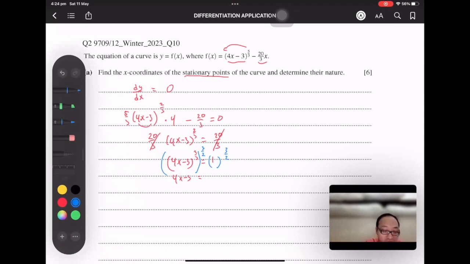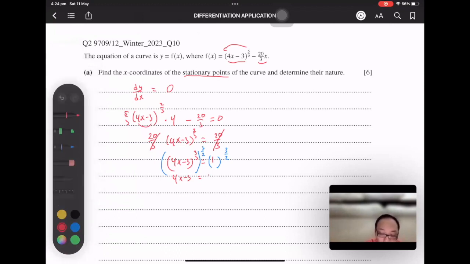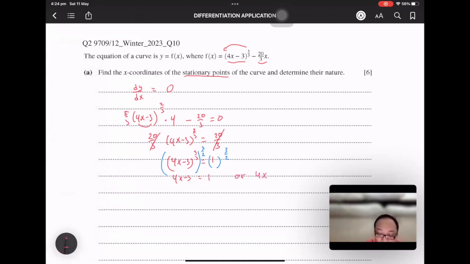So we have 4x - 3 is equal to 1, or 4x - 3 is equal to -1, because it contains the square root, so the result should be plus and minus. So for 4x = 4, x equals 1, or for 4x = 2, x equals half.